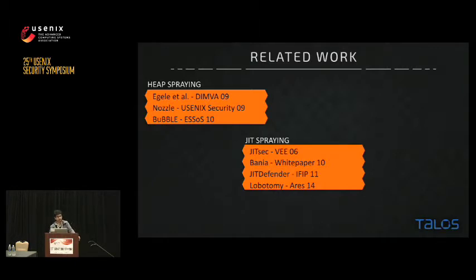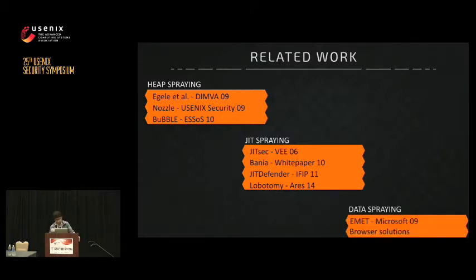And anyway, all these approaches have been bypassed by motivated attackers, or again, they are really application specific, like they work only for Internet Explorer. Or even if they are more comprehensive, they just solve one instance of the spraying problem, like in this case, JIT spraying. Then we have some defensive solutions for data spraying.